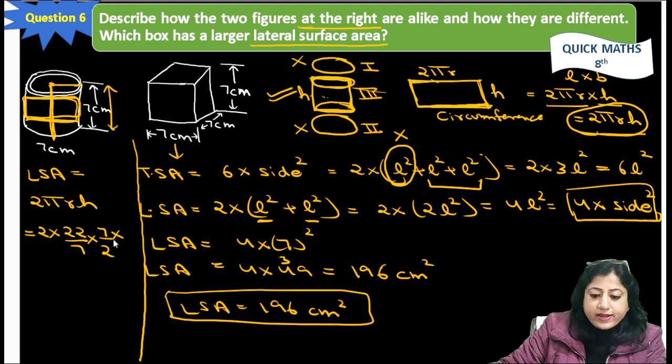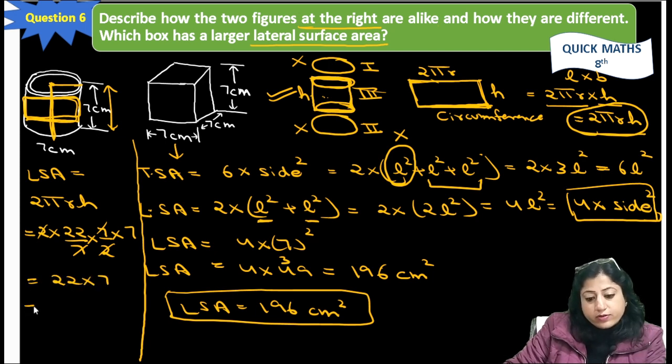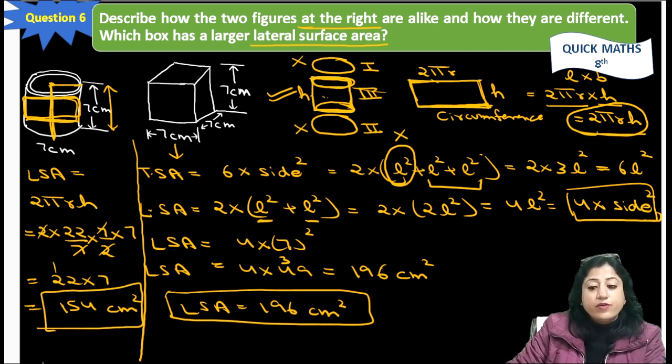Now put the value of h. H is height, it is also 7. We can cancel out 7, 7. We can cancel out 2, 2. It is 22 into 7, so it will be 14, 1 carry, that is 154 centimeter square. So the lateral surface area for the cylinder is 154.